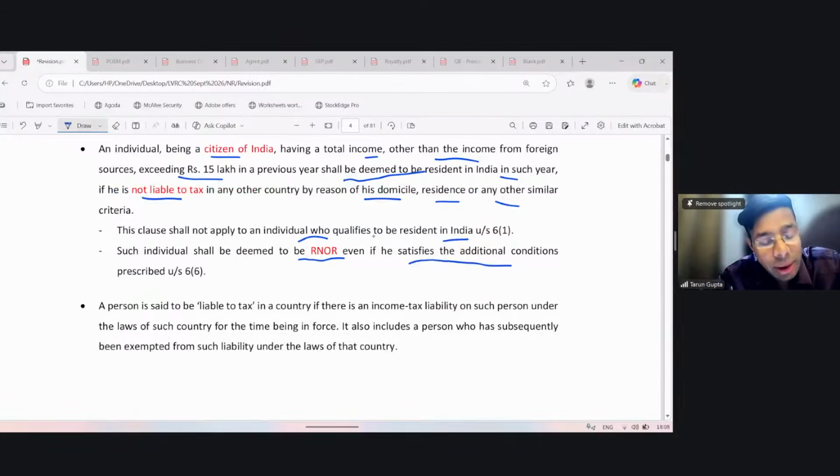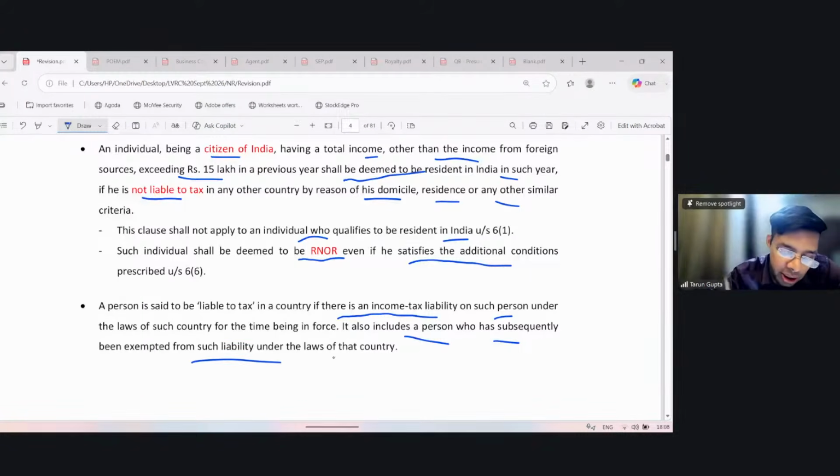Now, a person is said to be liable to tax in a country if there is an income tax liability on such person under the laws of such country for the time being in force. So, if any person is liable to income tax as per the law of the foreign country, then he is said to be liable to tax in such country. But it also includes a person who has subsequently been exempted from such liability under the laws of that country.